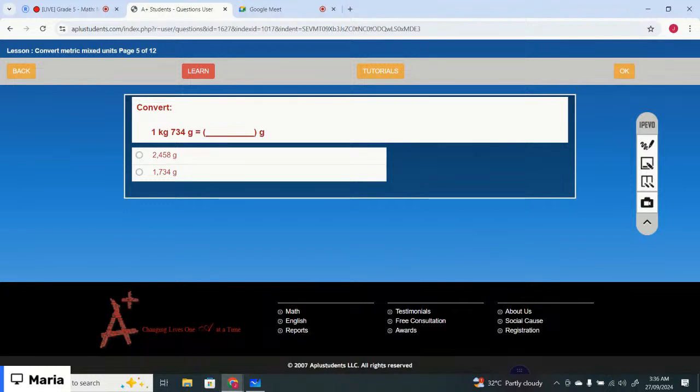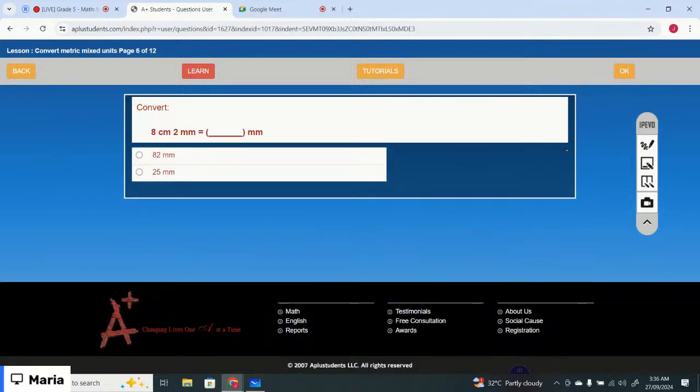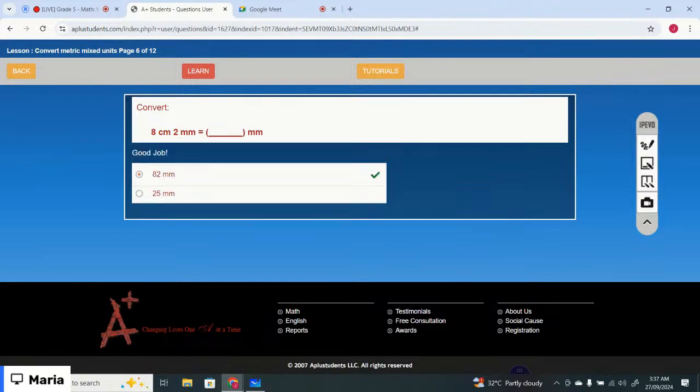Option number 2 is the correct option. 8 centimeters 2 millimeters, which is the correct option? That is option number 1, 82 millimeters is the correct option.